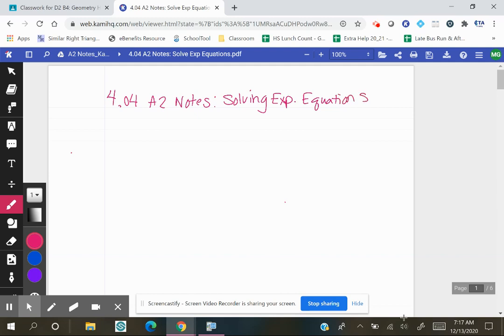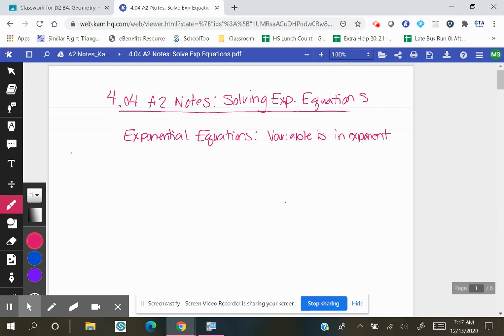So first of all, with an exponential equation, it means that your variable is in the exponent. So we're trying to solve for a variable that is all the way up in the exponent.